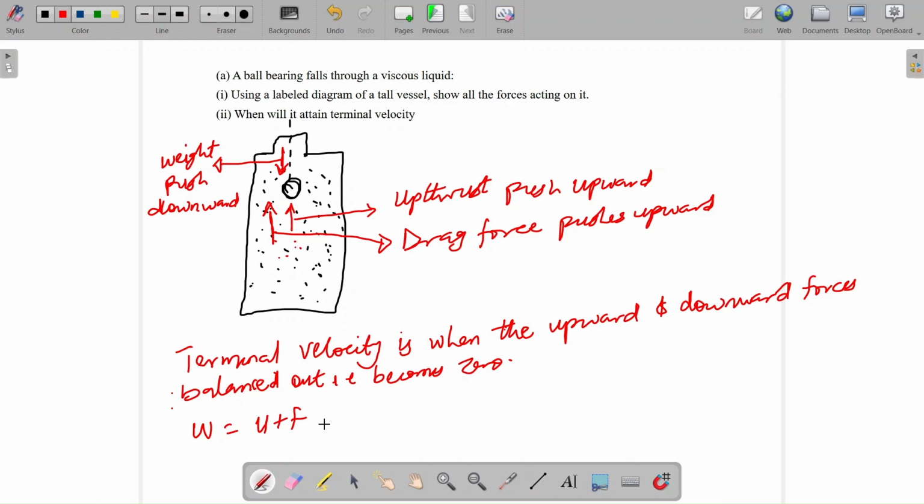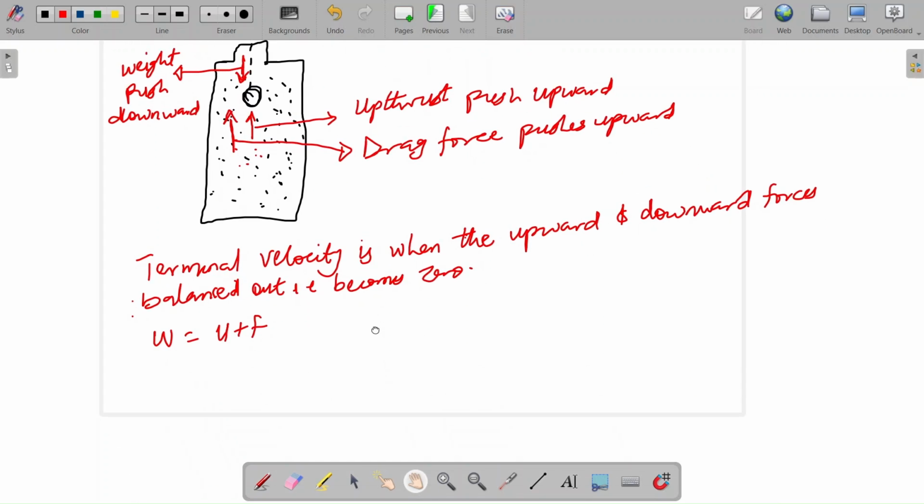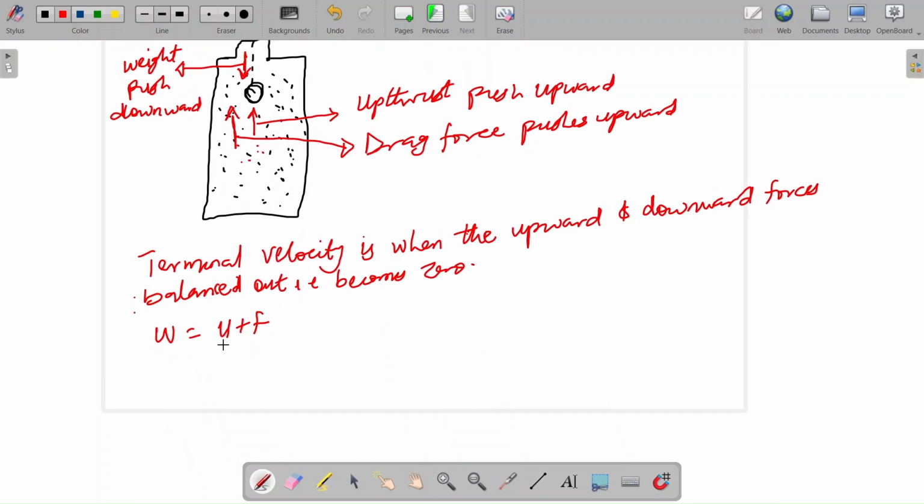So what happens at terminal velocity? That is, the weight and all of these balance out. So the object, or the ball, so far we are using the ball bearing, continues to fall at constant velocity.